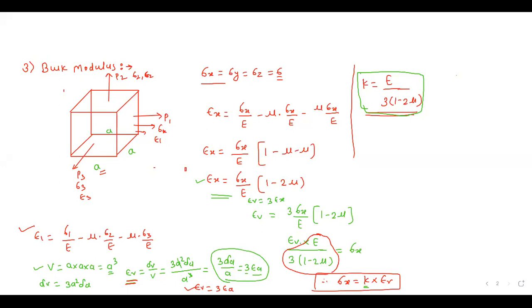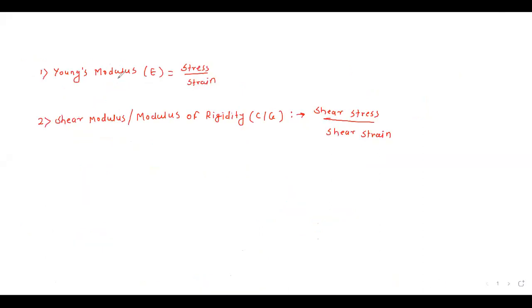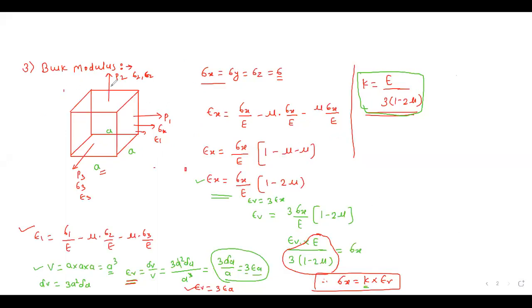Okay, shall I go to the next point? Yes, madam. Okay. So now we have discussed the three constants. First is Young's modulus, second is shear modulus, and third is bulk modulus.